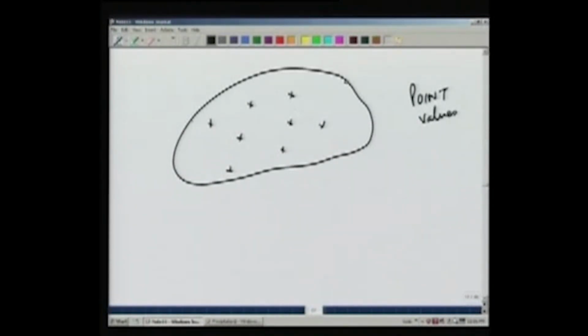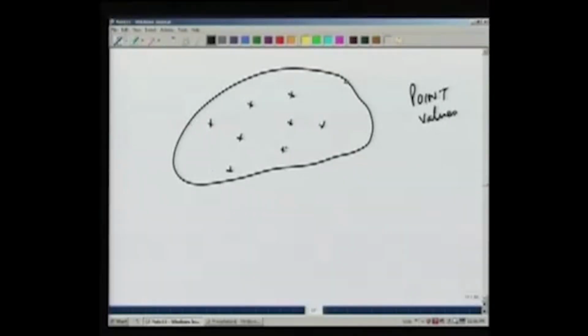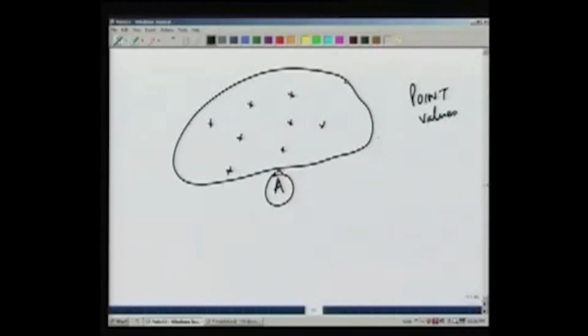Out of these point values, we want to estimate what would be the average rainfall over this whole area. So let's call this area A. The problem is, given the point rainfall values at the rain gauges, how to estimate the average rainfall over the entire area. There are a number of techniques again to do this.